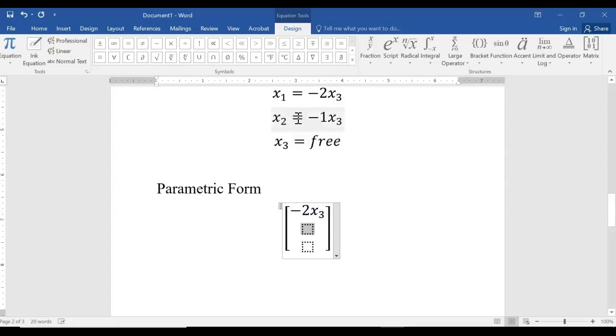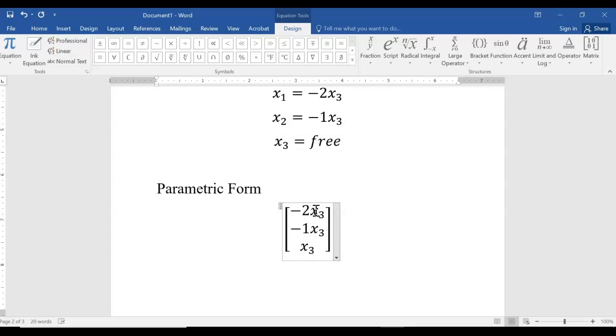The second entry of my vector is going to be negative 1 times x3. And the third entry of my vector is whatever I choose x3 to be, so the third entry is itself just x3.